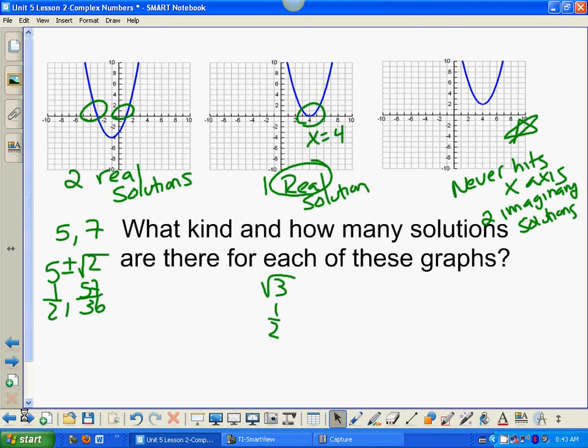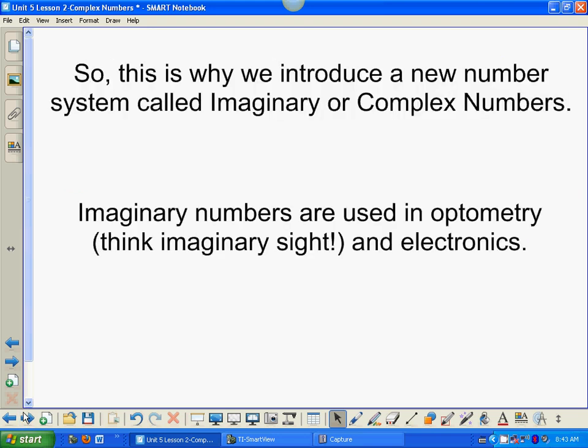And if you look at your prescription for eyeglasses, not contacts, you'll see them use eyes as part of their prescription. So imaginary numbers, like I just said, are used in optometry. And they're also used in electronics. If any of you have family members that are electricians, a lot of times they're going to use a j instead of an i because the lowercase i looks a lot like the number 1. So in electronics, sometimes you might see j.